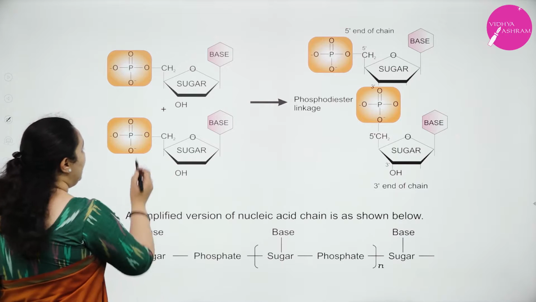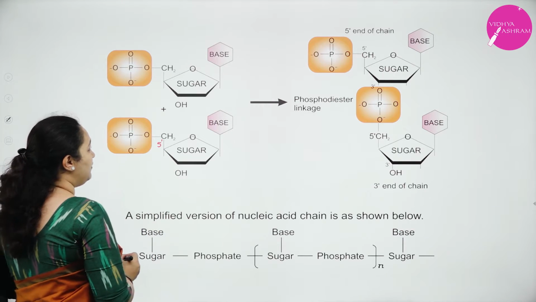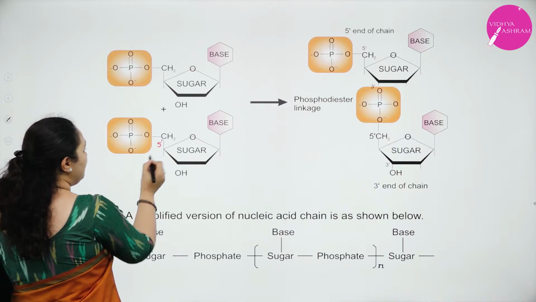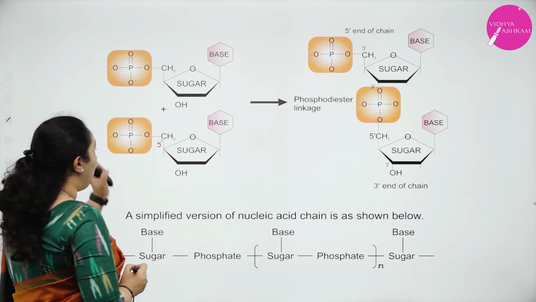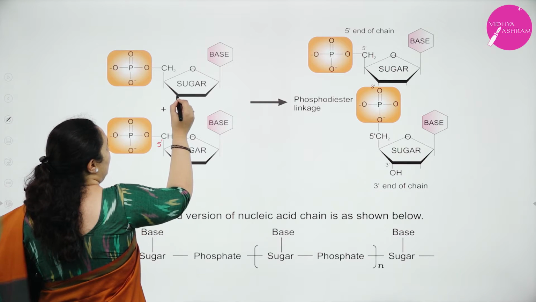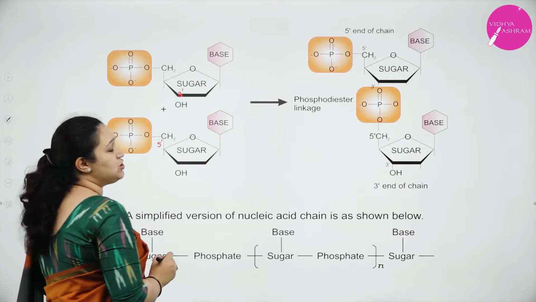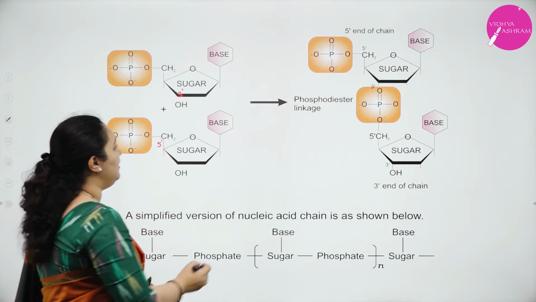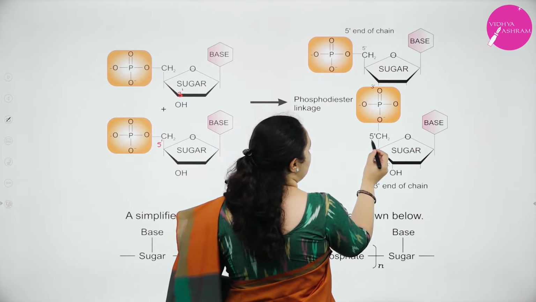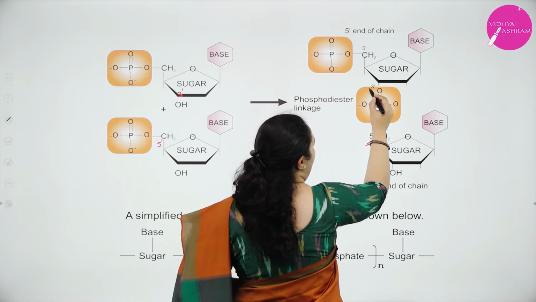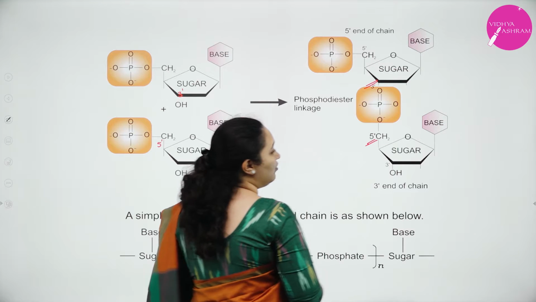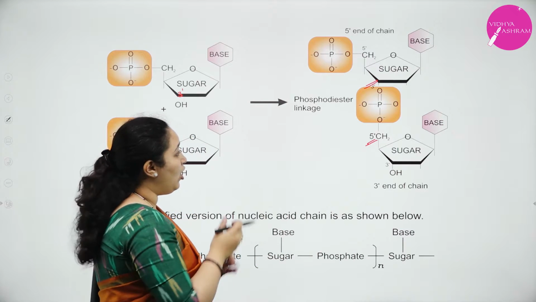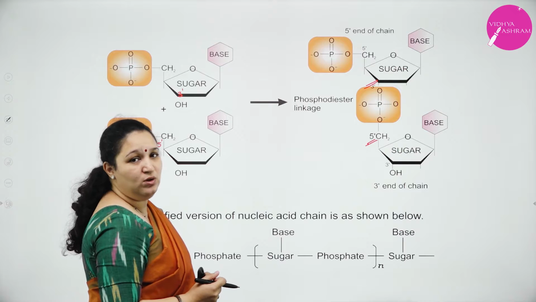You can see at the 5 prime position of the sugar we have the phosphate group, which gets added to the 3 prime position of the sugar which contains the OH group. You can see here the phosphodiester linkage is formed between the 5 prime and the 3 prime end of the sugar, or between the two nucleotides.